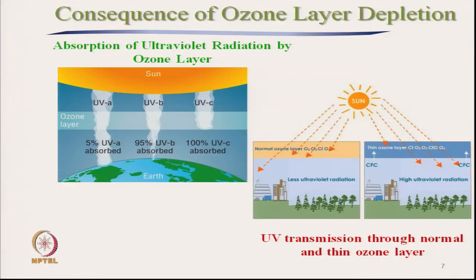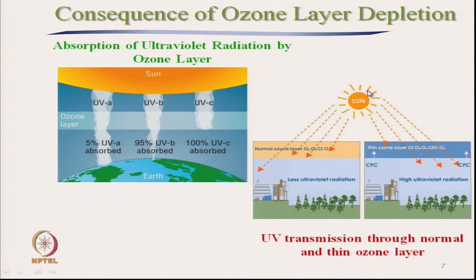Similarly, depending on their wavelength, the other UV rays get absorbed. This picture shows that UVA mostly is transmitted through the ozone layer. For UVB, 95% are absorbed and 5% penetrate; for UVA, 95% penetrate and only 5% get absorbed; and UVC almost 100% are absorbed.